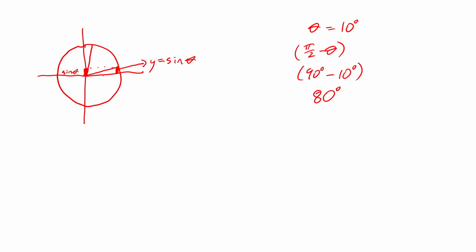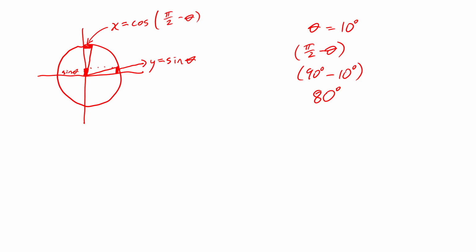Okay? So that terminal arm has an x-coordinate equal to the length of this horizontal line. That horizontal line is equal to the x-coordinate, and the x-coordinate is equal to the cosine of whatever the angle of that terminal arm is, which in this case is pi over 2 minus theta.